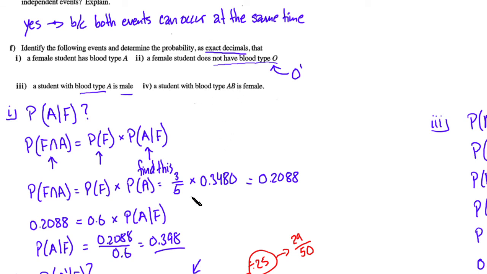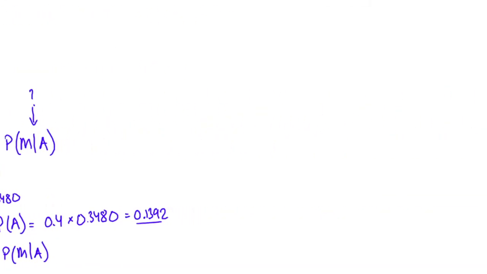So it's going to be very much the same exercise, so I will do that one here as well. So this is question 4, right? So what we're looking for here is the probability that a student is female given that she has blood type AB.